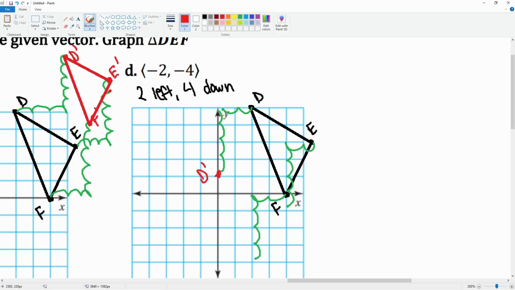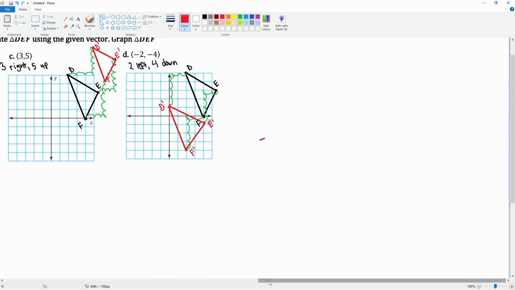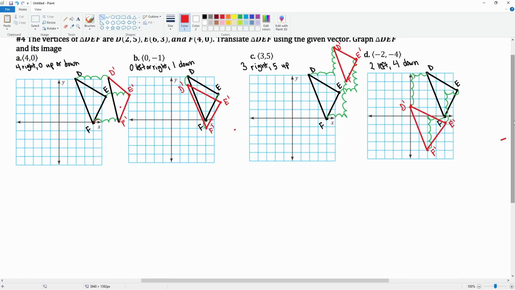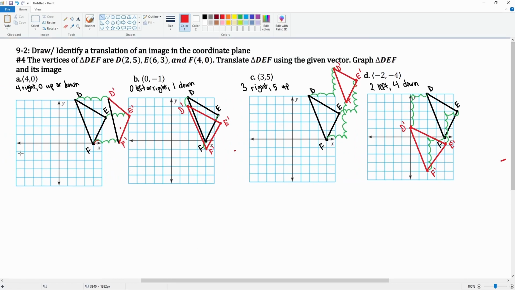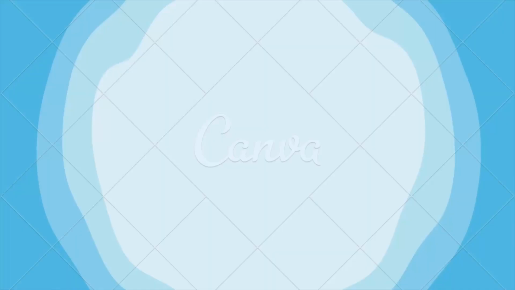We moved D 2 to the left, 4 down; E 2 to the left, 4 down; F 2 to the left, 4 down. And now we connect it: D, E, F. Boom, there you go. That is how it looks. So that is how you translate the pre-image given the vectors.